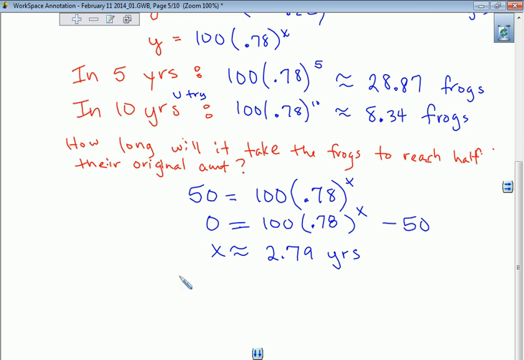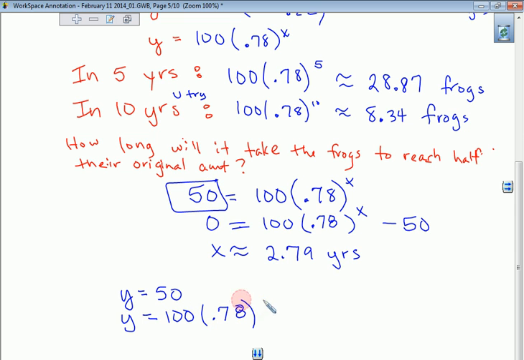So last year we were studying linear functions and we were studying exponential functions. Why would that have been helpful? What can we do with this? Nothing. Punch it in your calculator. We could have set y equal to 50 and y equal to 100 times 0.78 to the x. This is exponential decay.